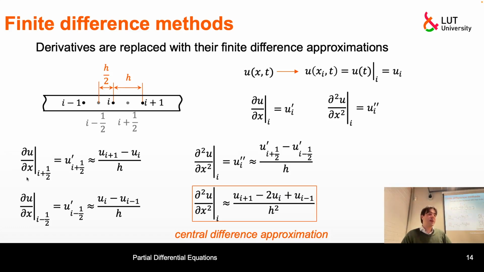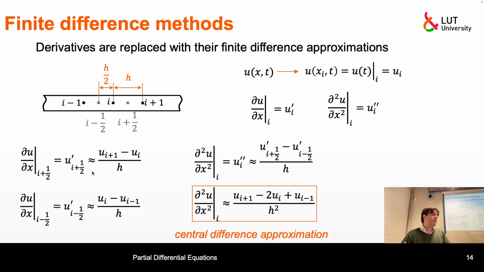Then how can we calculate the partial derivative of some quantity u with respect to x at this intermediate point i plus 1/2? To make it a little bit shorter, I will use primes for the first and second partial derivatives, just not to make equations too cumbersome.